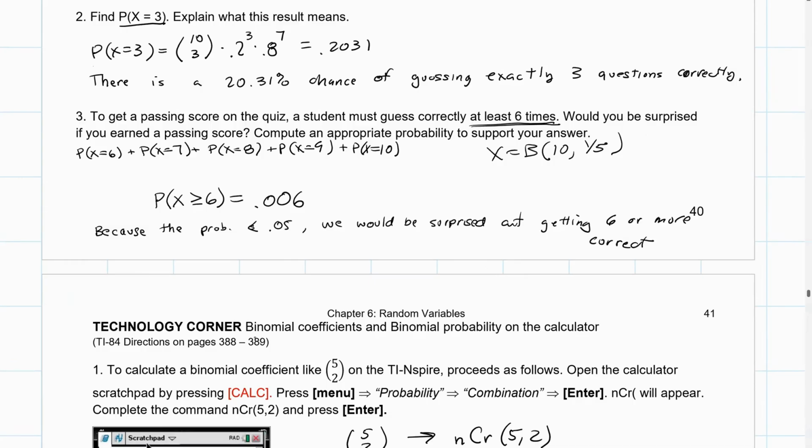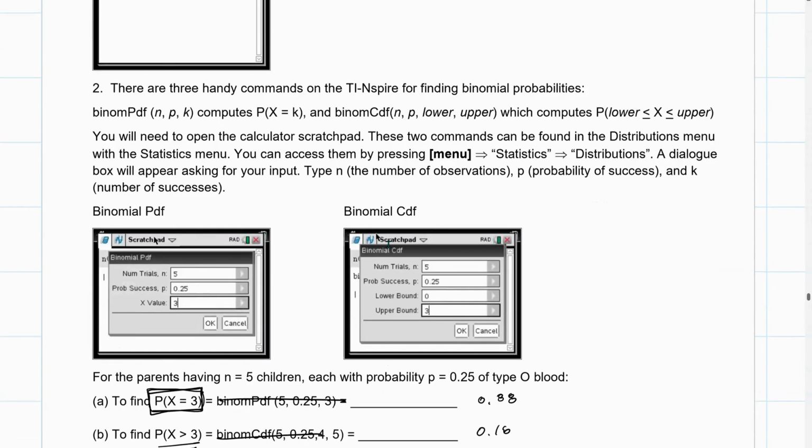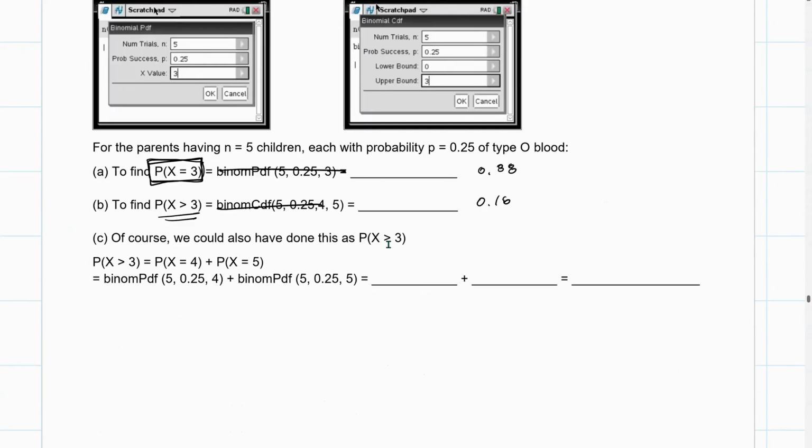And that's using the calculator to do those calculations. Again, the command was binomial distribution, parenthesis, N for the number of trials, and P for the probability of success for each trial.